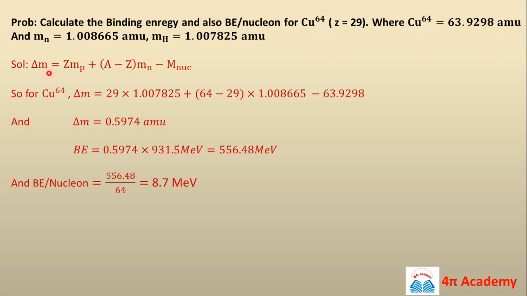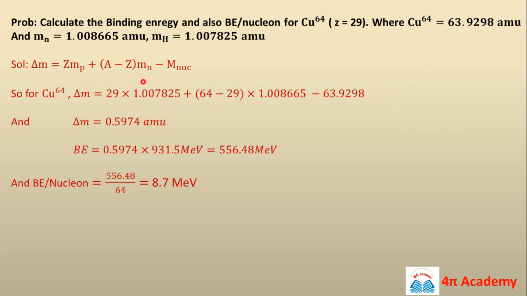So you know the formula to calculate the binding energy. First you need to calculate the mass defect, that is delta M. So delta M will be the total mass of protons plus the total mass of neutrons minus the mass of the nucleus of this copper 64. Z is 29 and Mp is given to you, that is basically Mh, 1.007825.